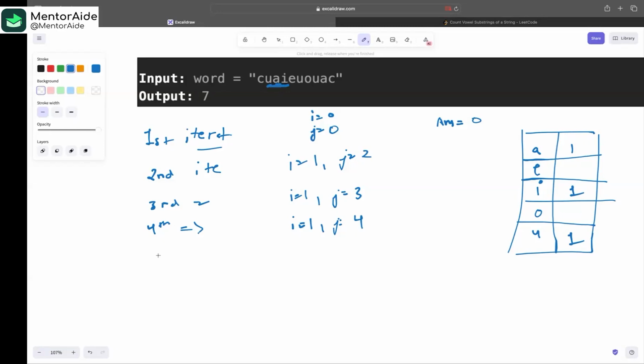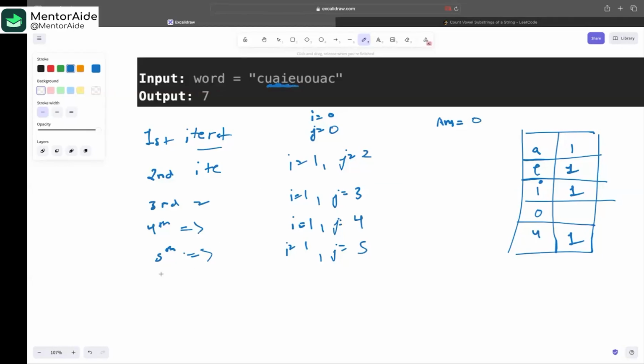Then fifth one. Same for E. What will be the value of I? I is still 1. J is 5. What should be the value of E in the hash map? 1. This is our current window.